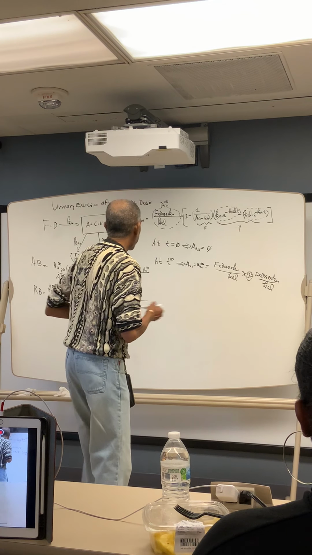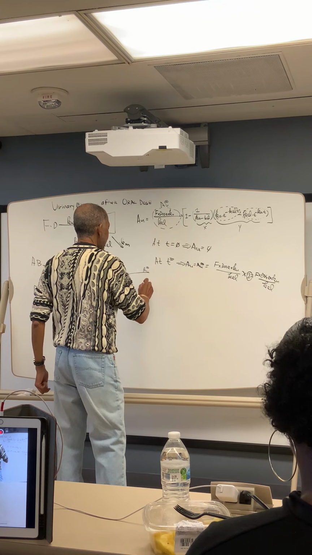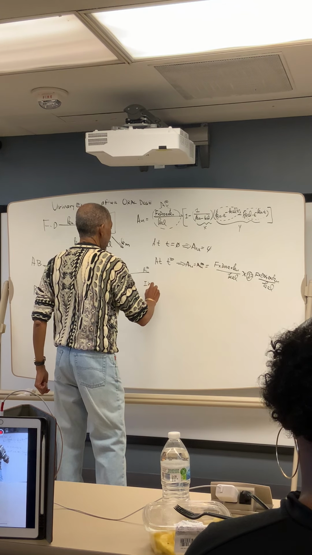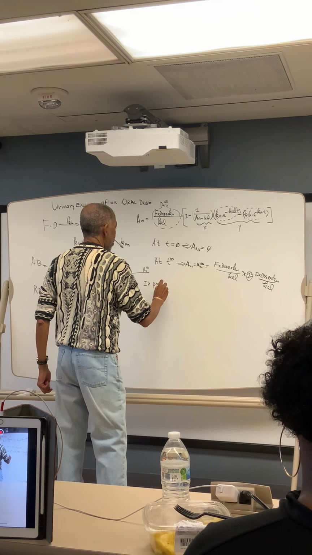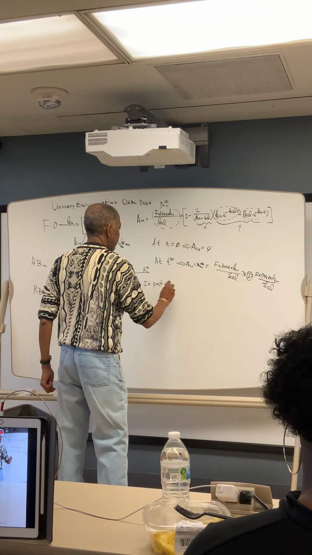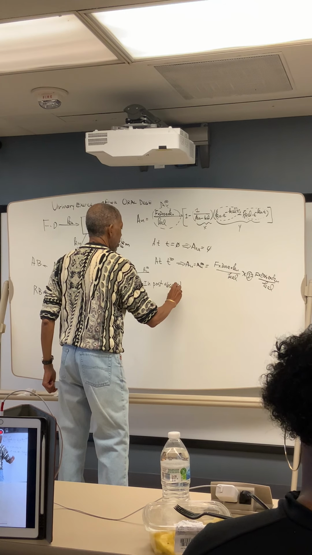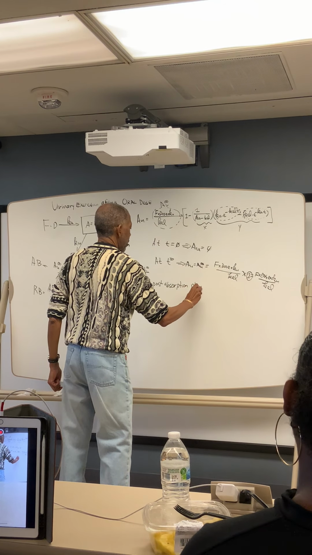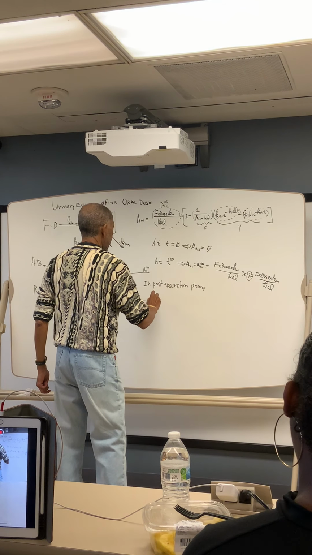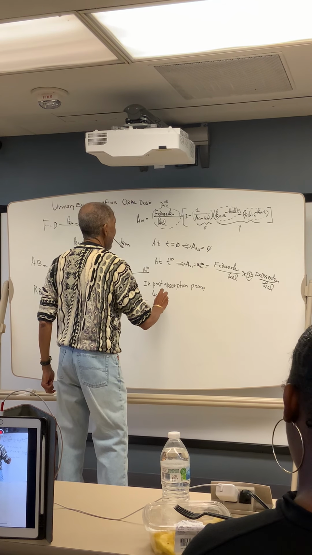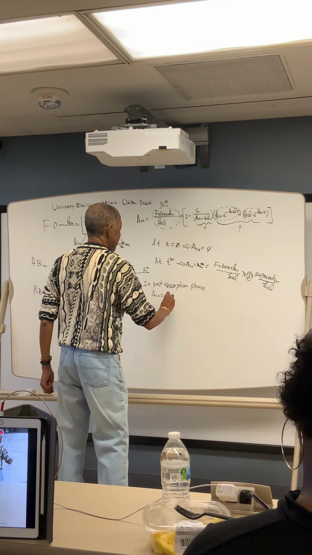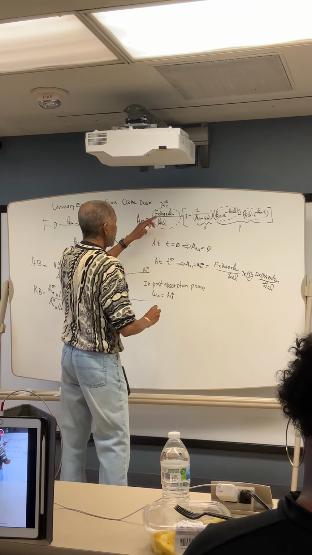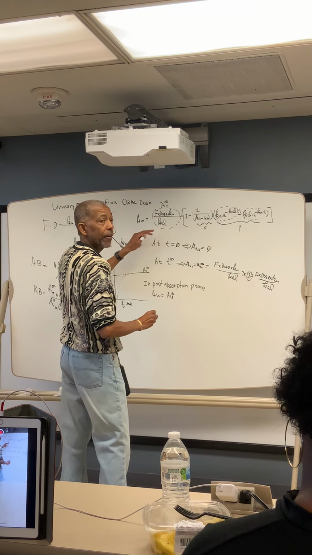But in the post-absorption phase, let me write that. In the post-absorption phase, AU could be described as AU infinity. I'm just making a substitution here, for F times dose times KU divided by KL.